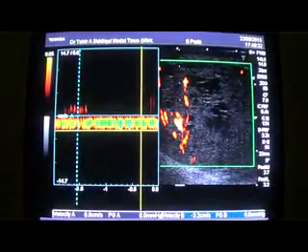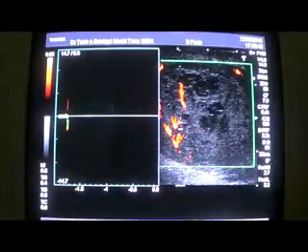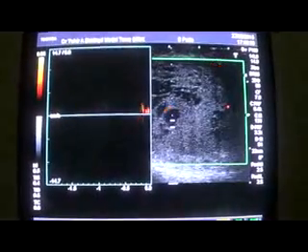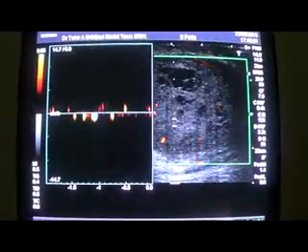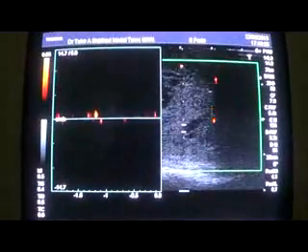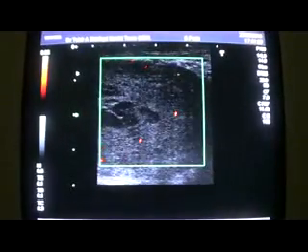Then I try to get some arterial vessel as well. Let us try. Never give up, carry on and you will be rewarded.